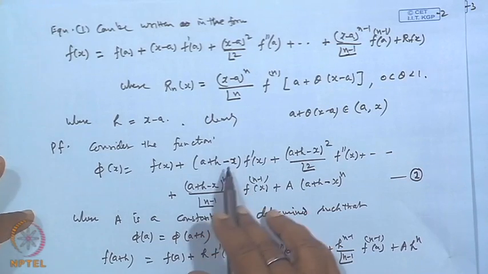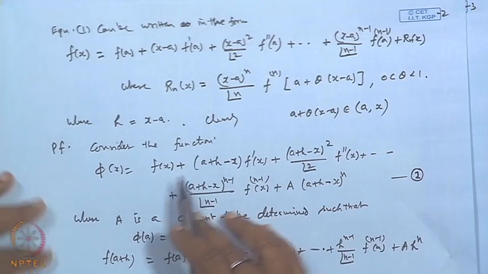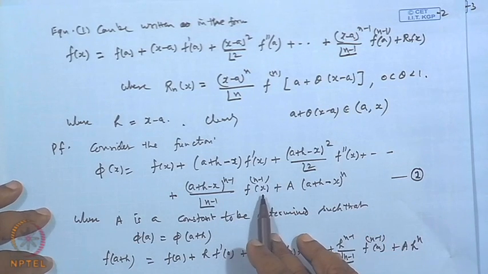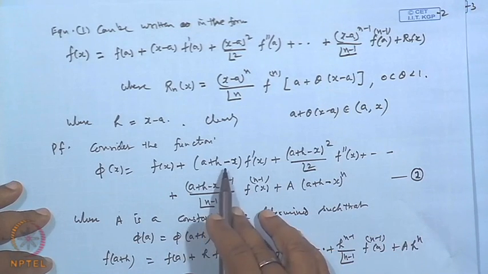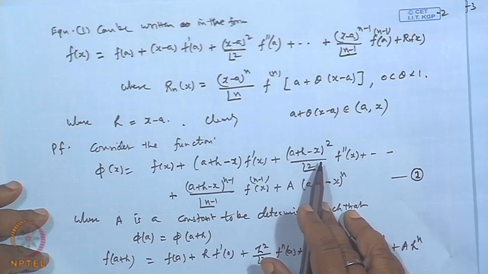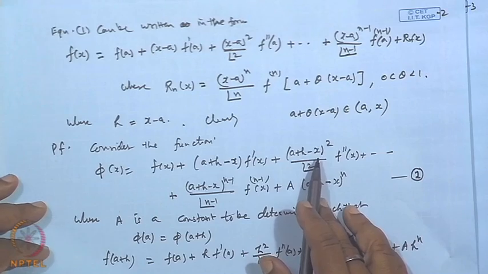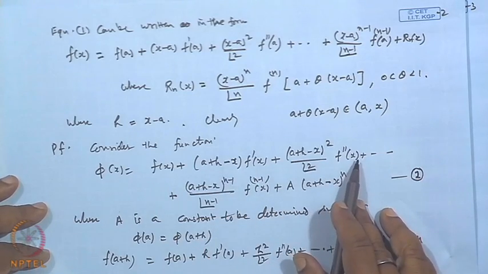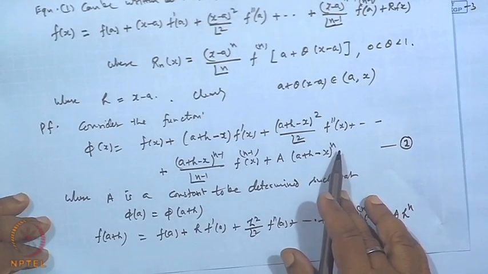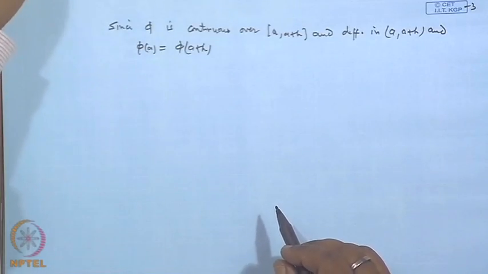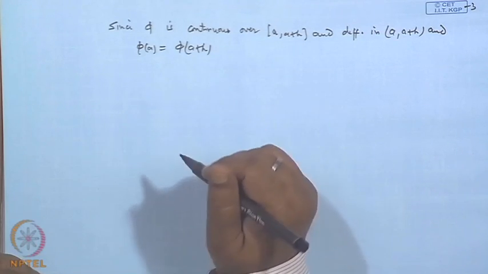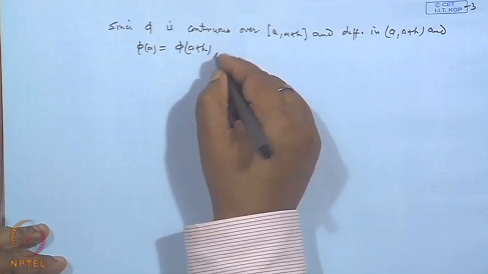Since the function f(x) and its derivatives up to order n minus 1 are continuous, and the polynomial terms in x to the power n are continuous, the product of each term will be continuous. So, phi will be continuous. Similarly, phi is also differentiable, and at the end points of the interval a and a plus h it attains the same value. So, we can apply Rolle's theorem.